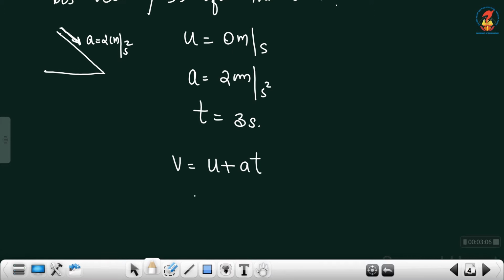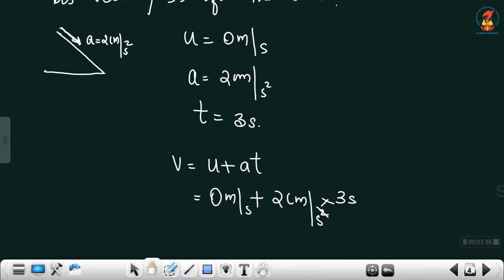So, u 0 meter per second plus a 2 centimeter per second square into 3 seconds.